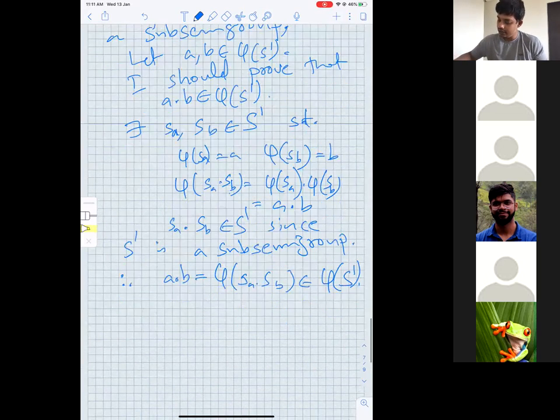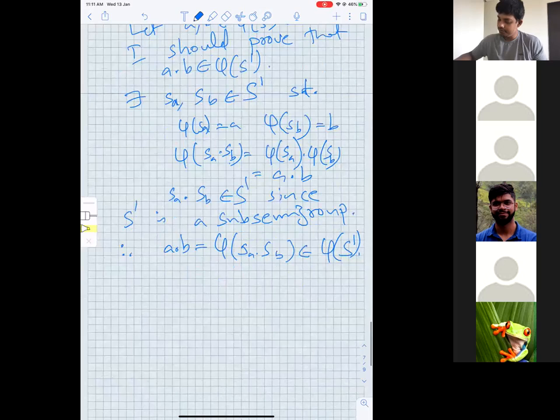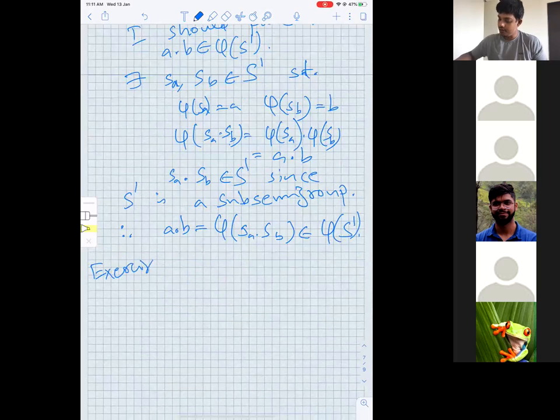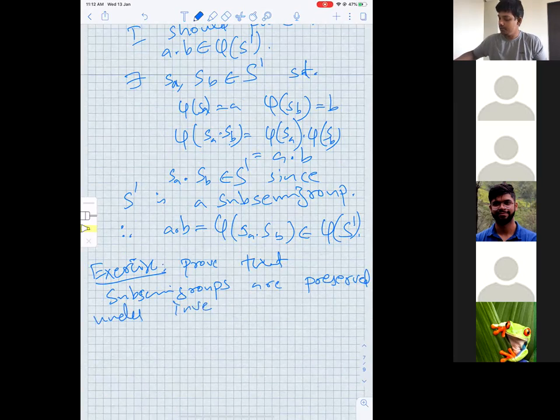Now I will leave as an exercise to prove that subsemigroups are preserved under inverse morphisms.